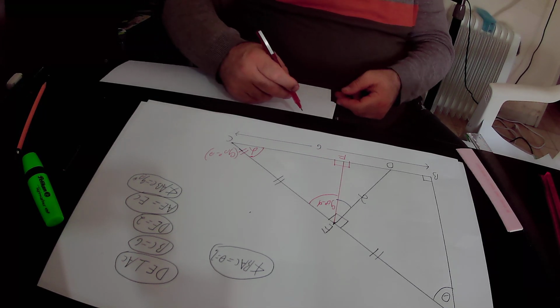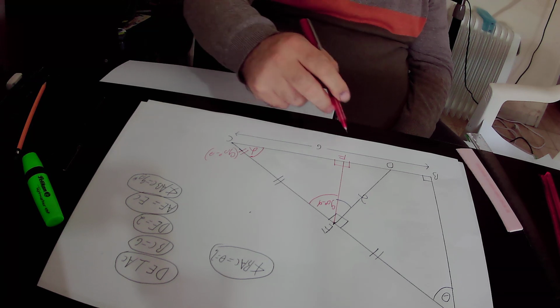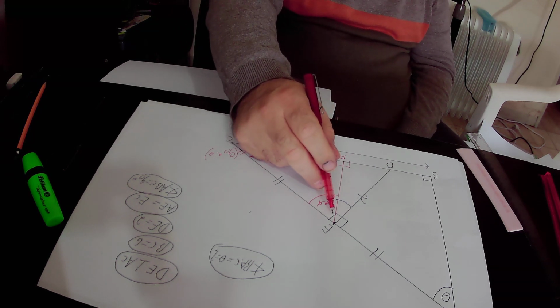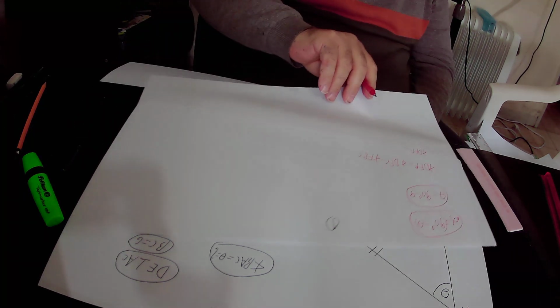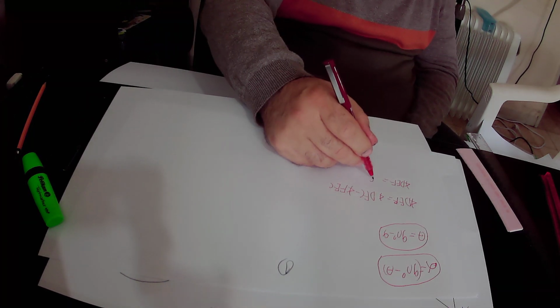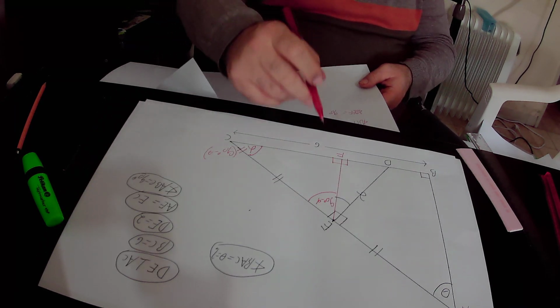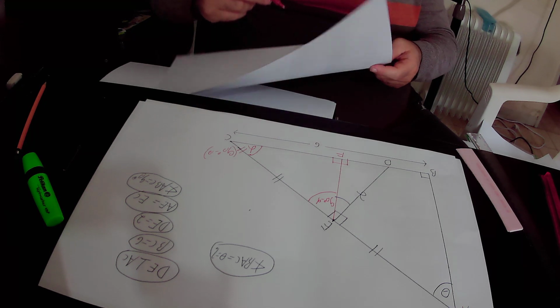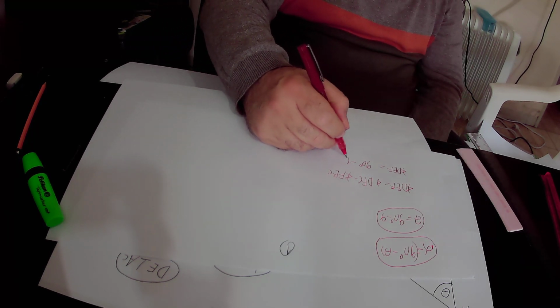So angle DEF is equal to angle DEC according to what is given in the question. This is the right angle, so we'll substitute angle DEC by 90 degrees. And we have already found out that angle FEC equals 90 degrees minus alpha, so we substitute it.